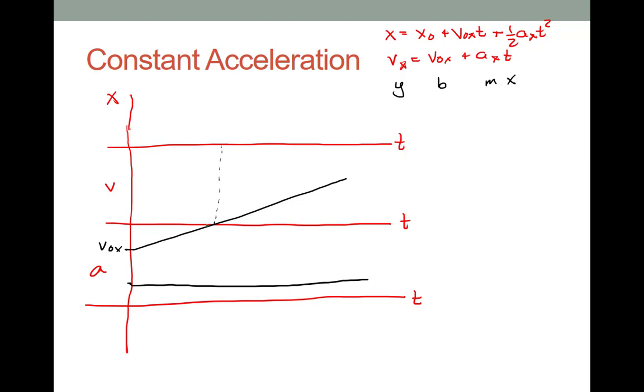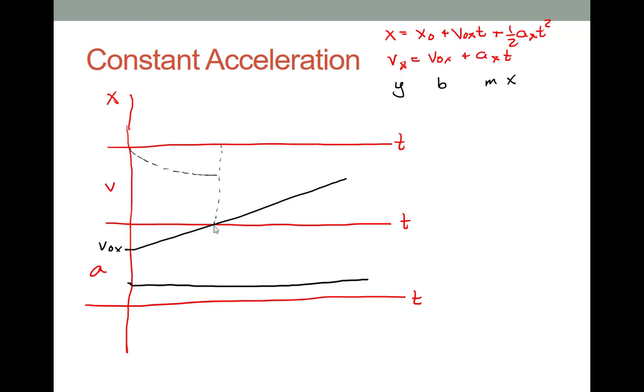Here I see that my velocity is negative, which means my position graph has to have a negative slope in this area. Just remember, dx dt is the velocity. Since the velocity is negative, dx dt has to be negative, which means we have to have a negative slope.